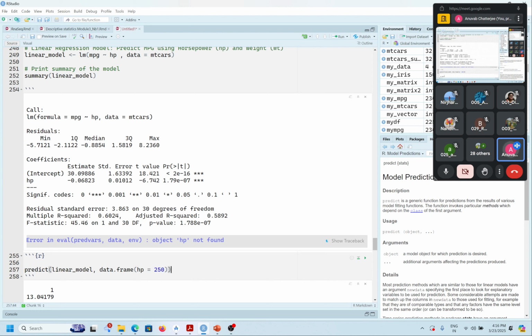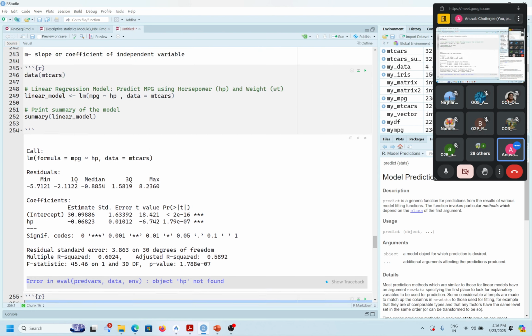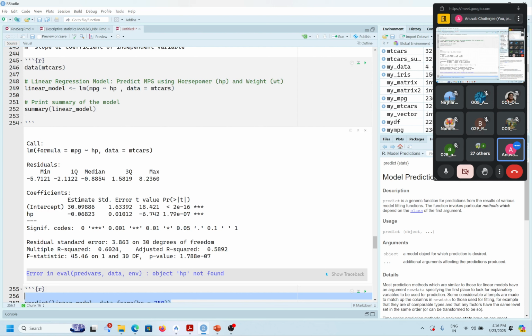Are you not inputting it like this? Does someone want to share their screen and show me what the problem is?